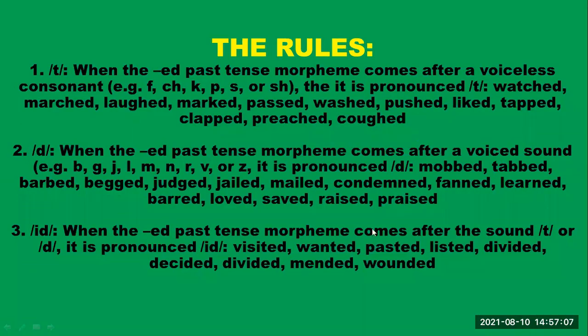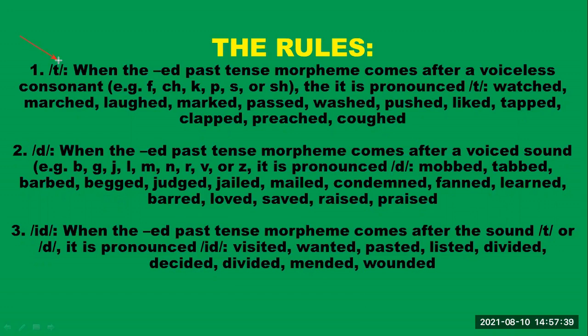Now, the rules are 3 basic rules, and I want us to look at them one by one. Now, the first rule here has to do with the ED past tense morpheme, or the ED ending of words being pronounced T. All right.